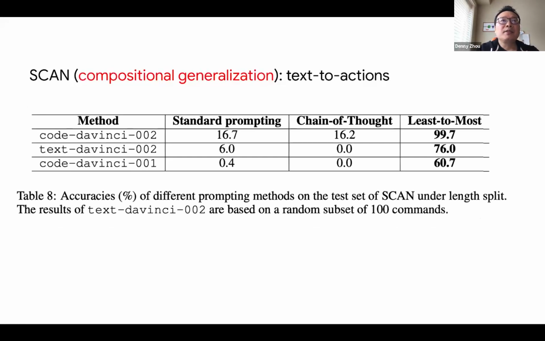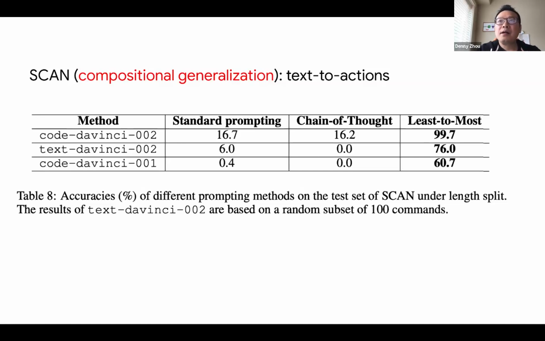Here's another challenging benchmark. It's called SCAN. It's compositional generalization, where we need to convert text to a sequence of actions executed by robots. If you use this two-step prompting, we get accuracy nearly 100%.